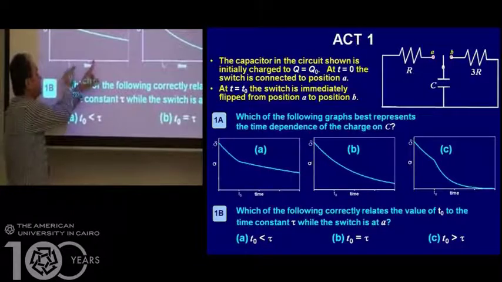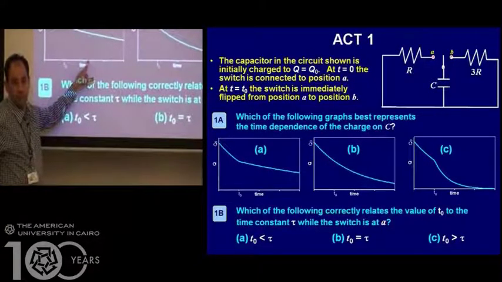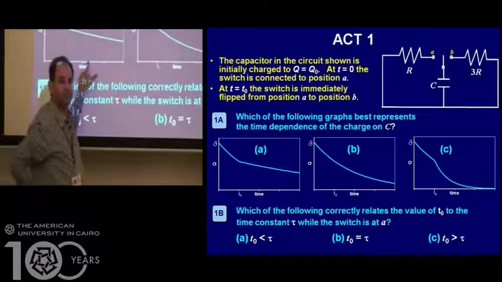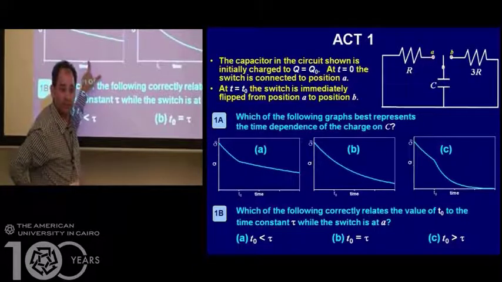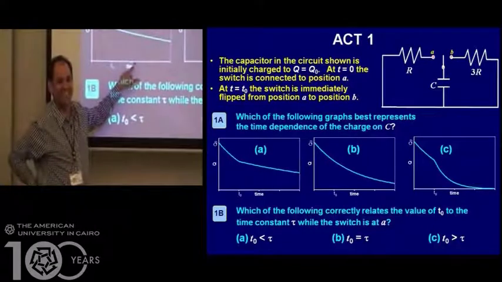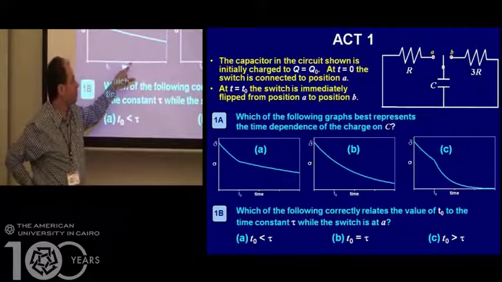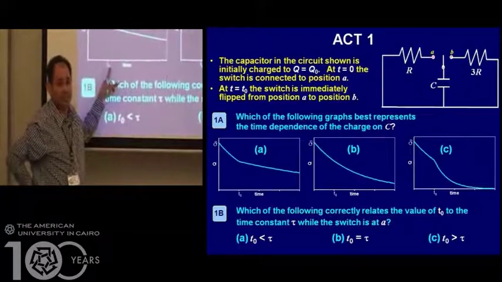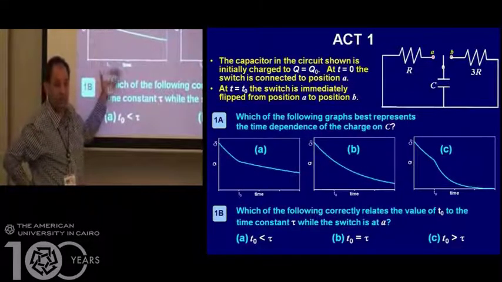Now can you compare t0 to tau? t0 is the time that we switch from A to B. Tau is the time constant.